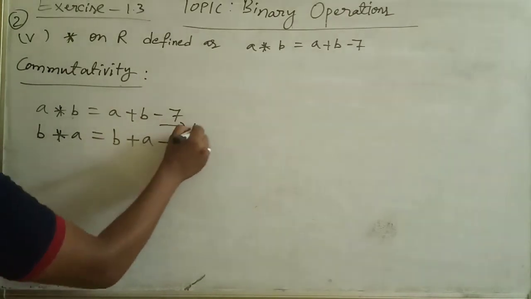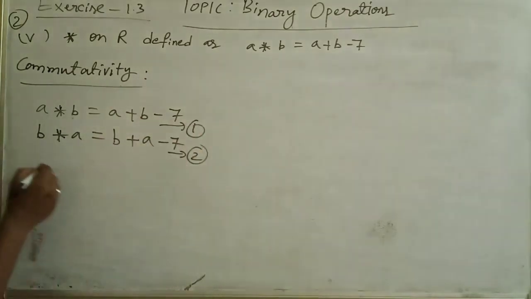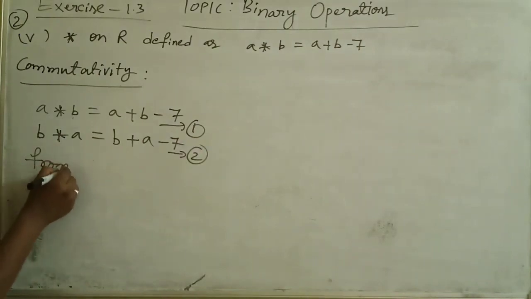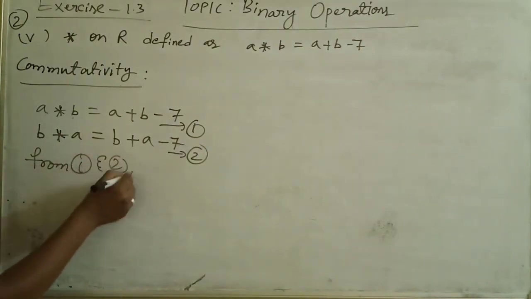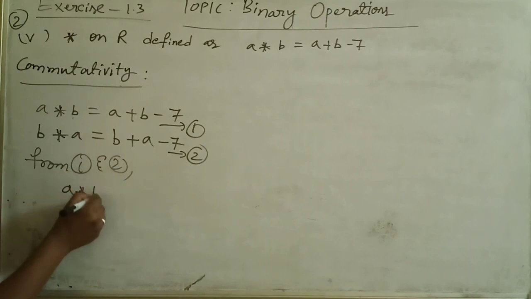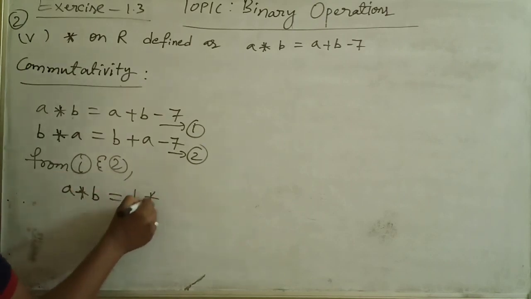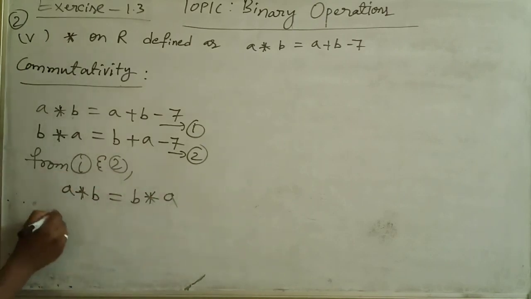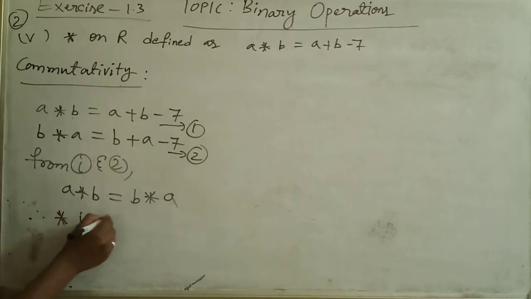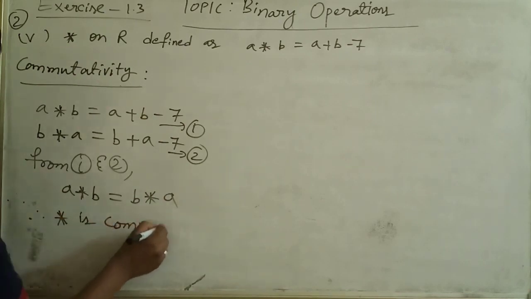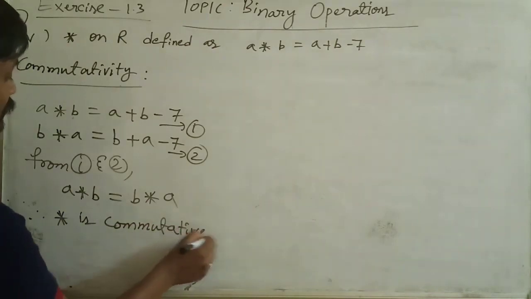So from 1 and 2, what we can say is A star B is equal to B star A. Therefore, star is commutative.